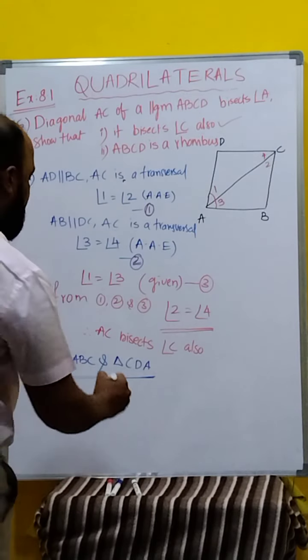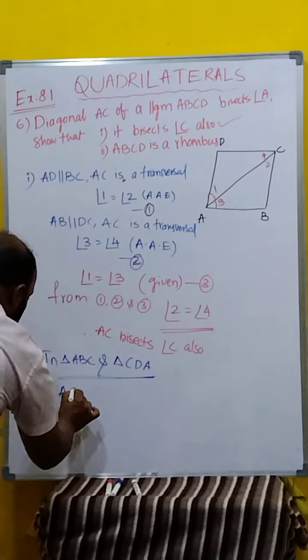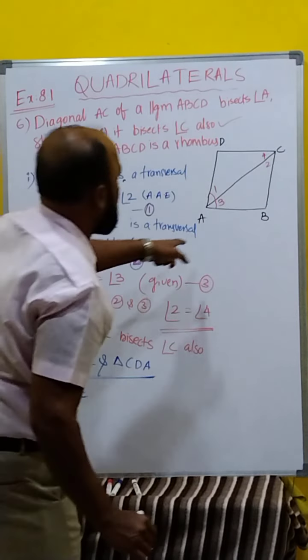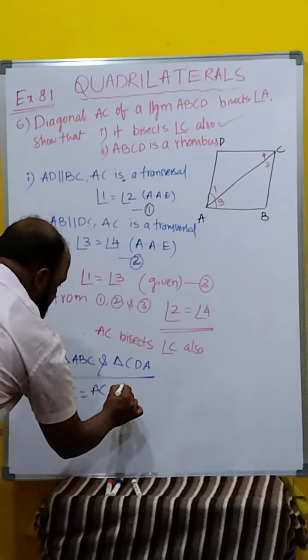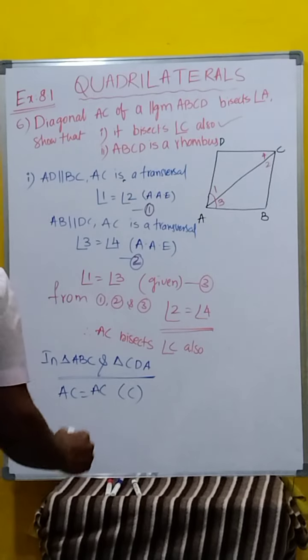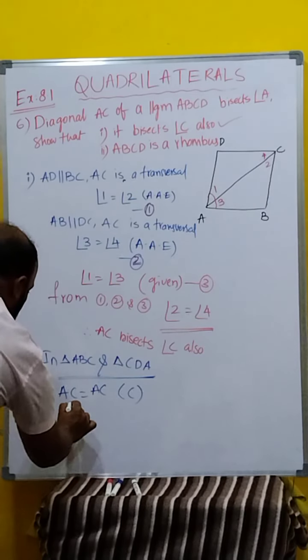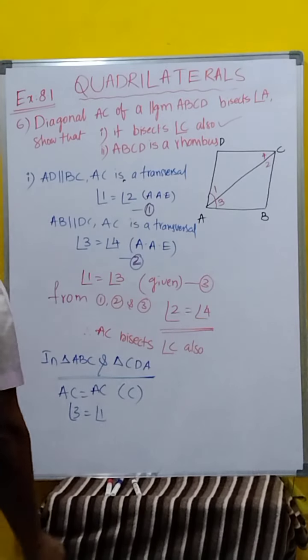What is the first one? AC is common. AC is equal to AC, that is the common side. Then angle 3 is equal to angle 1, given.